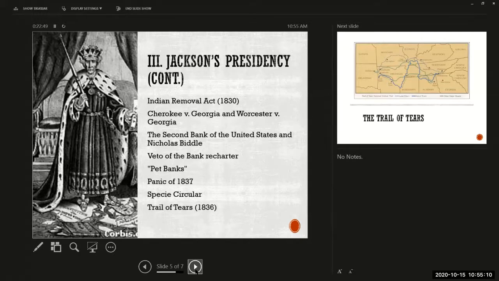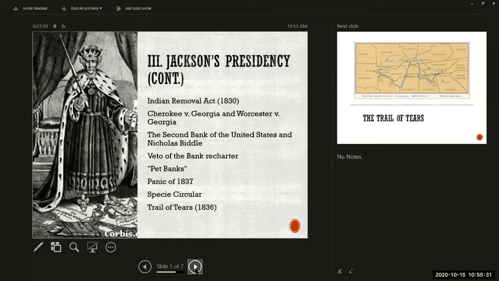For example, I'm going to concentrate now on the Cherokees. The Cherokees had farms, they had businesses. There were 1,600 African-American enslaved people who were owned by the Cherokees to work their plantations. Many of the Cherokees had intermarried with Anglos.